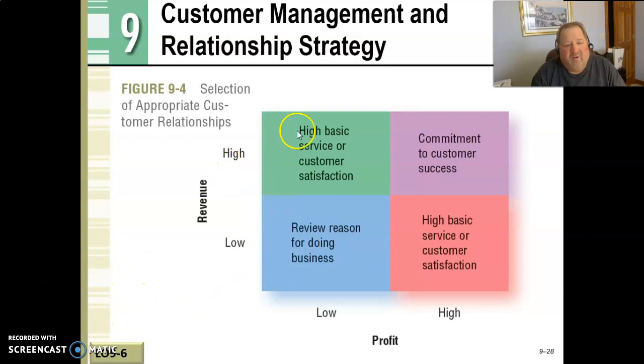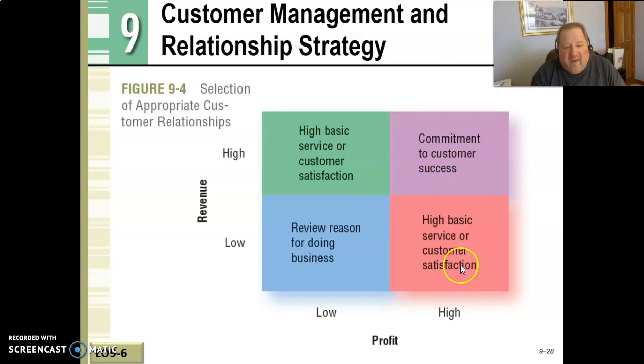Generally, you'll be able to put your customers into one of these 4 quadrants. The ones that you want to aim for customer success generate high revenues and high profits for you. So obviously they're going to get the most attention from you because they are your prime customers.